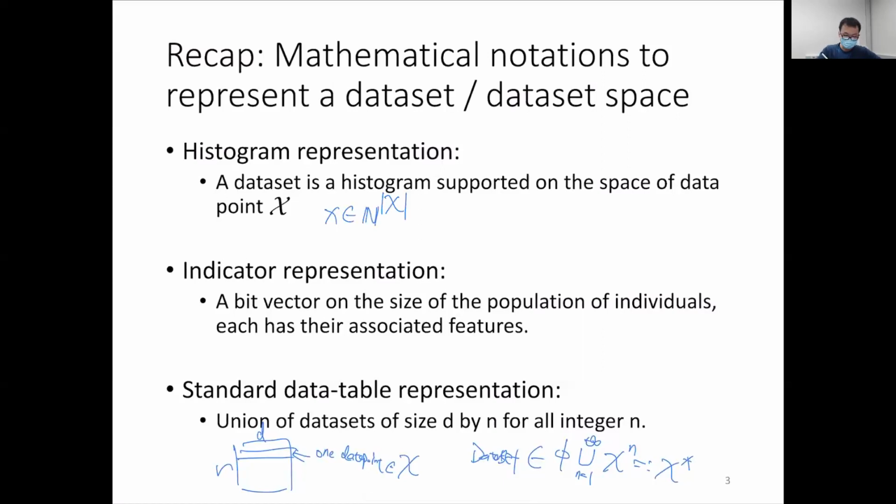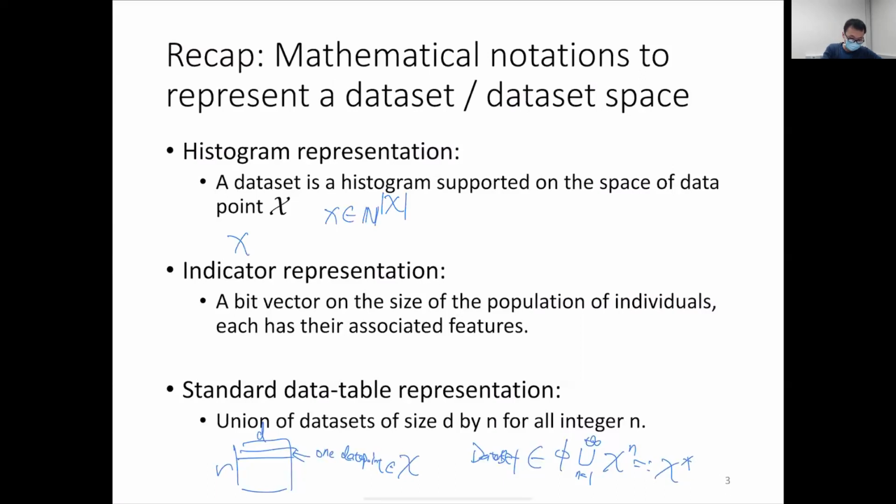Okay, so I gave an example last time about the apple, orange, and pear, right? So basically this enumerates the histogram of the number of items that are apples, the number of items that are pear, and the number of items that are oranges.